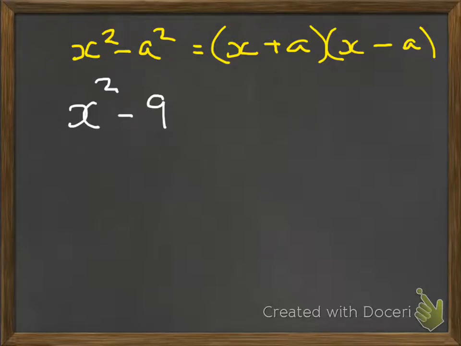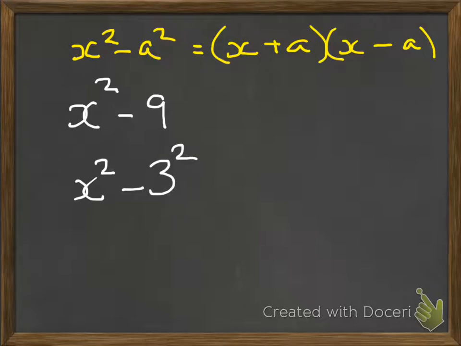Yes, I can, because the x squared and x squared are the same, and a squared and 9 are related. I can rewrite it as x squared minus 3 squared.